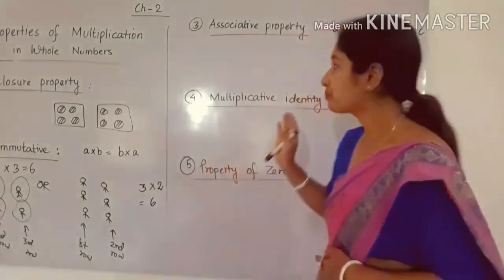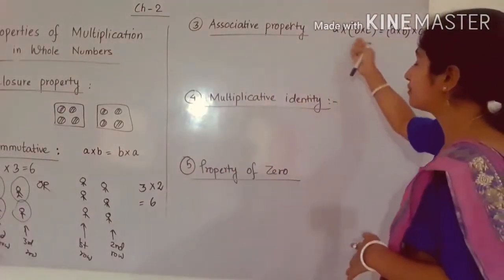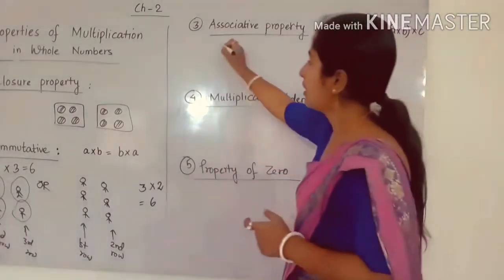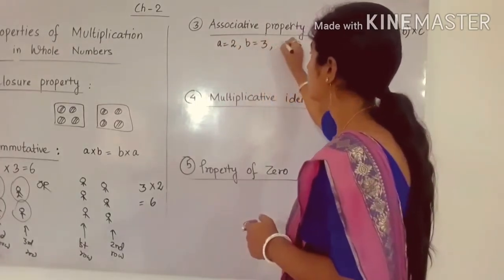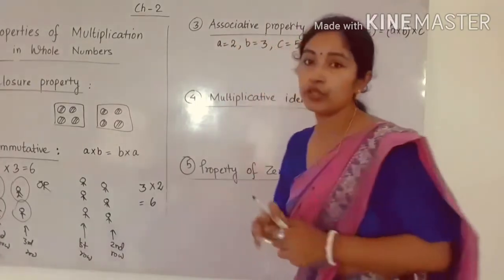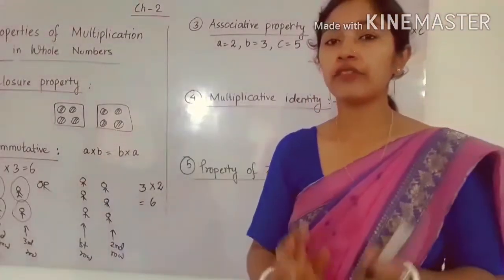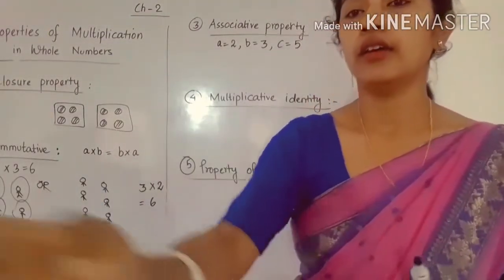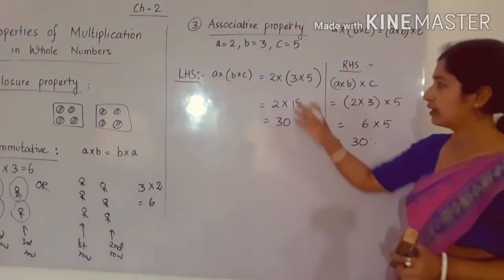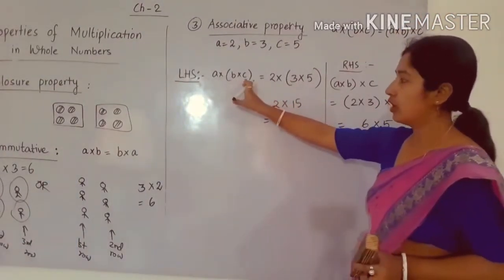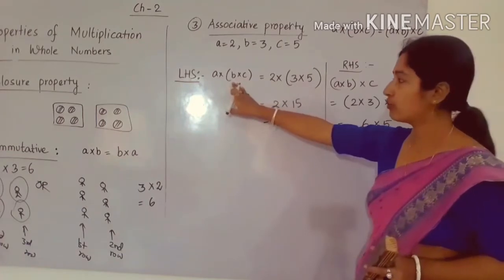So here, if you take any three whole numbers, for example, I am taking A is equal to 2, B is equal to 3, C is equal to suppose 5. By solving the left hand side and right hand side individually, I get the answer. On the left hand side, first of all you have to solve the bracket first according to BODMAS rule.